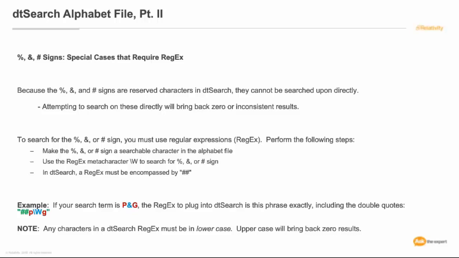This is telling us that we want dtSearch to look for any symbols. So \W is regex, meaning any symbol character. Because of that, we will be only searching for characters that are searchable and are in the symbol classification, which is %, $, hashtag, and so on. As long as you're making an index specifically for searching for the %, specifically searching for the ampersand, you should be okay here. You shouldn't have any over-inclusive results.